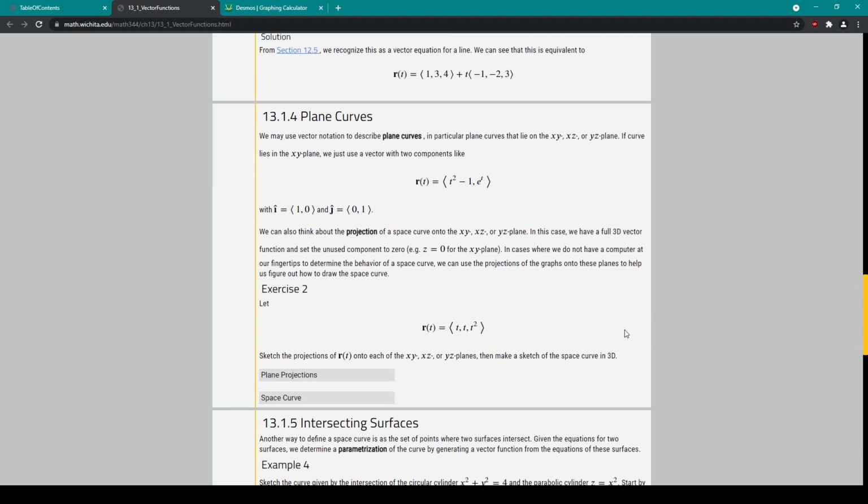For plane curves, for the other axes, if we want to think about it in terms of a projection in 3D, we can, like we did with traces in 12.6, just set one of the coordinates equal to 0.